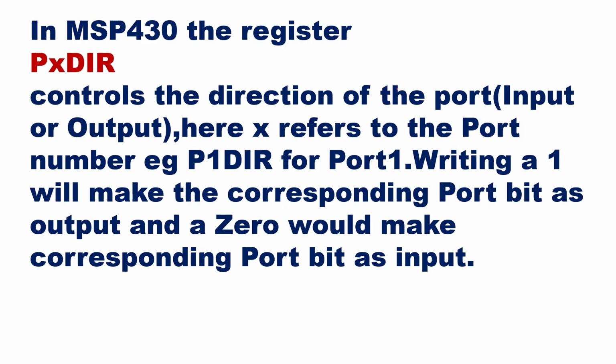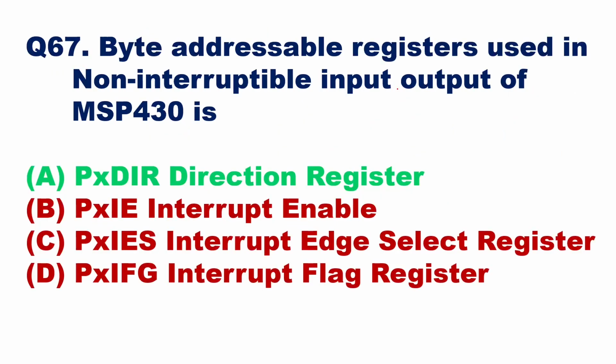Here X refers to the port number, for example P1DIR for port 1. Writing a 1 will make the corresponding port bit an output, and a 0 would make the corresponding port bit an input. So option A will be the right answer, PXDIR, the direction register.